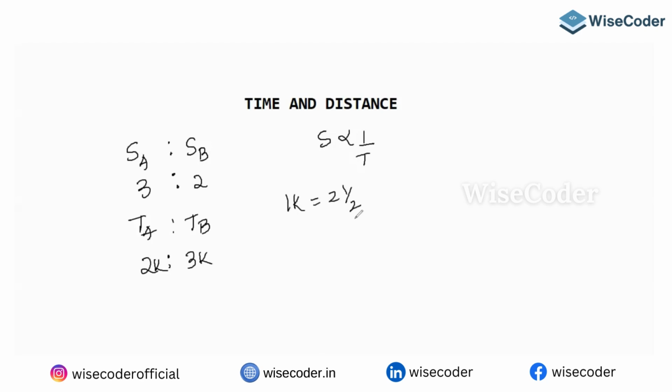If 1K is 2.5 hours, then 2K is 2 into 2.5, which gives 5 hours, and 3K gives 7.5 hours. So this is 5 hours, this is 7.5 hours.